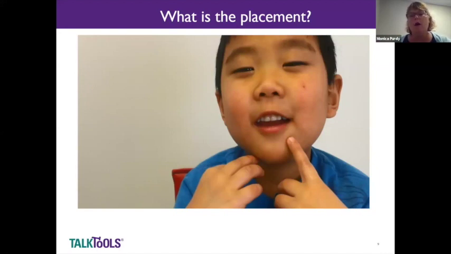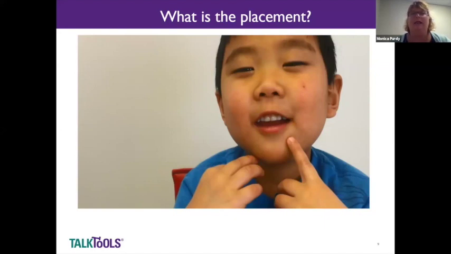So one of our goals is that we look at the precision of the movements in order to get intelligible speech. And that's really what we're talking a lot about in the level 1 class: not only listening, but starting to look. Many times, when I'm doing an evaluation, I might see a child moving their jaw when they're talking.